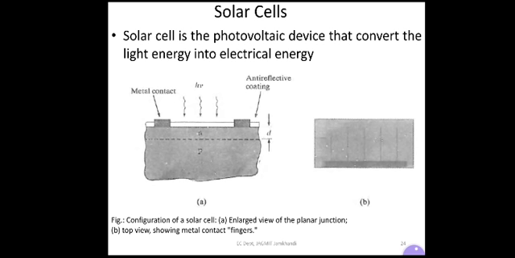Now let's see how the solar cell functions. You might have seen a solar panel. When a solar panel is exposed to sunlight, the light energy is absorbed by the semiconductor materials, that is the p-type and n-type semiconductor materials sandwiched to form a p-n junction.